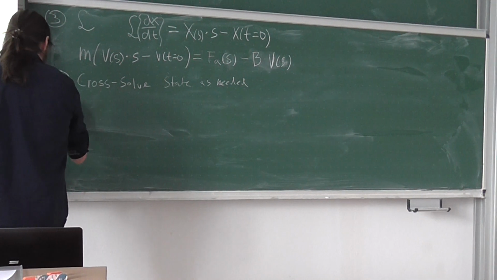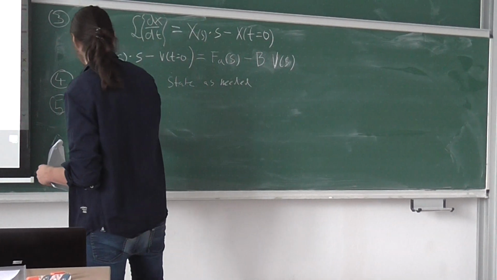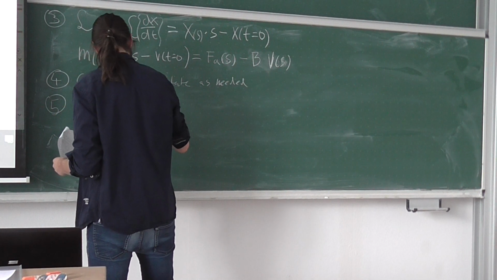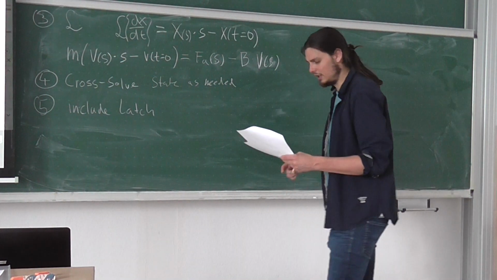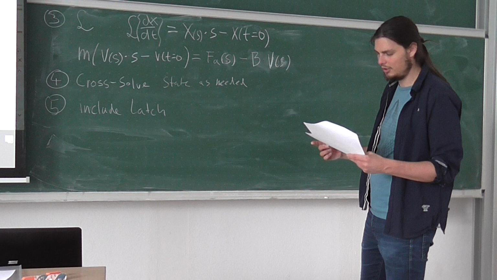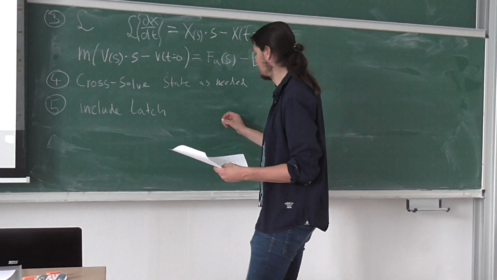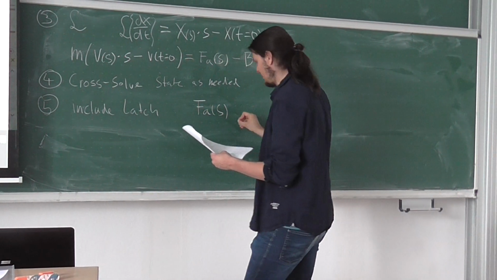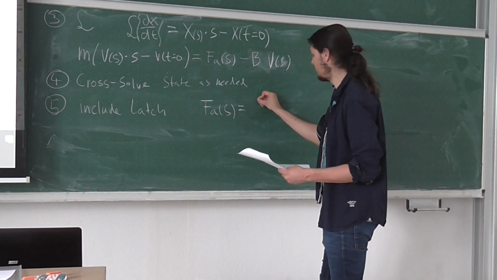And the fifth step would be to now include the latch. So we substitute the latch step model for the manipulated input, which means that we already know that F_a(s) is a step at time 0.